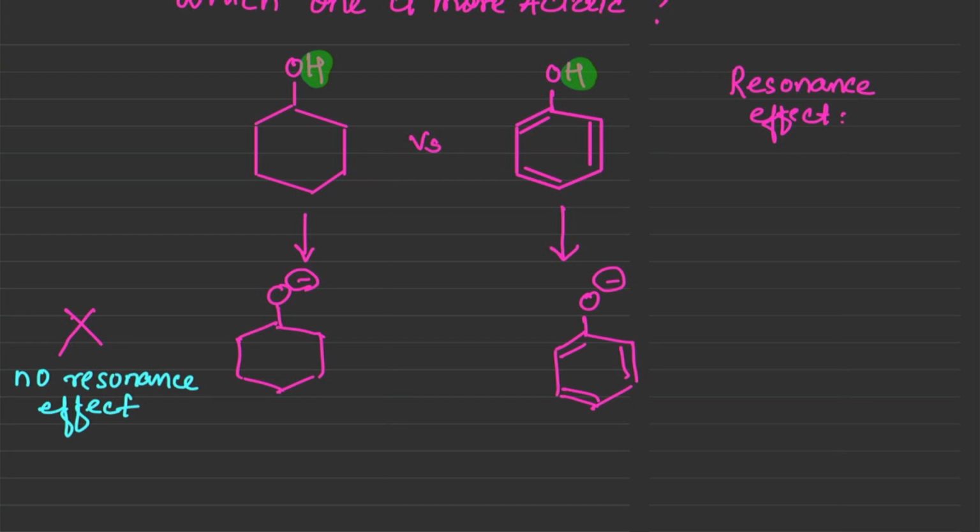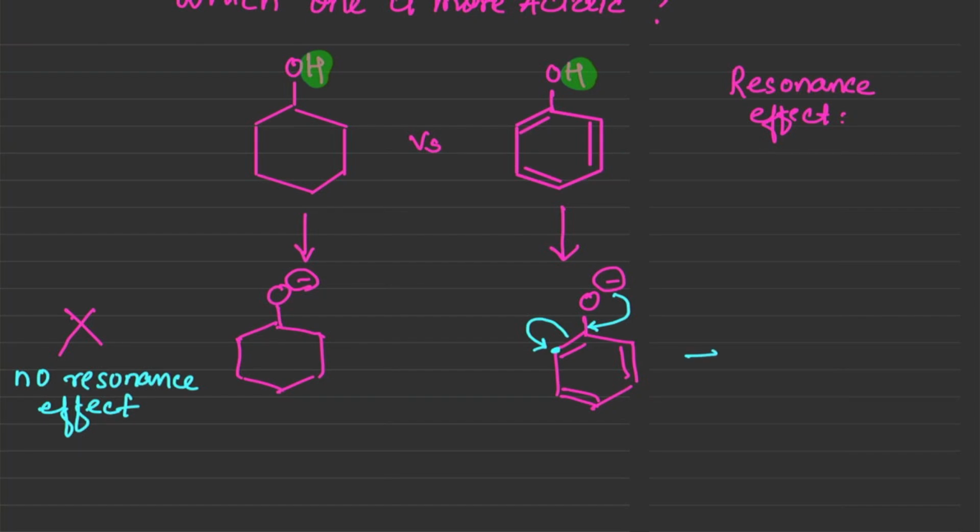So we can start drawing the resonance contributing structures. The negative charge on oxygen can move here, and we're going to maintain the octet of carbon all the time. In order to maintain the octet, we can move this pi electron to this carbon atom.